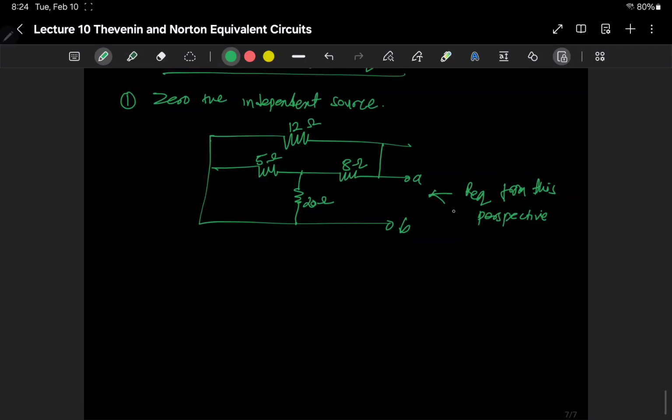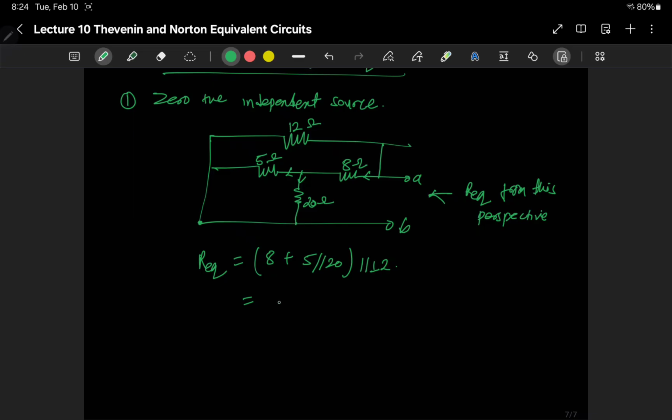Right, so if you're looking from this side, the current is moving from point A to point B, current goes here, but then it divides between this side and this side. So these two sides are in parallel, but then they join at some point. So the R equivalent will basically be, the 5 and 20 are in parallel, but ultimately this circuit is in parallel with the 12 ohm resistor, right?